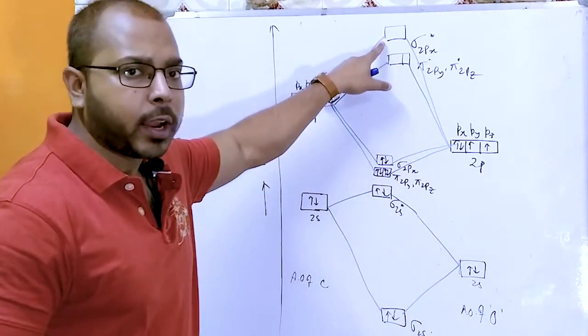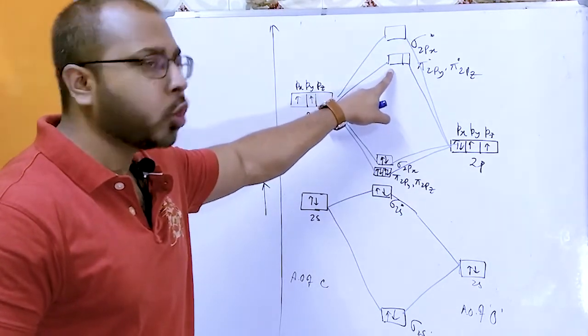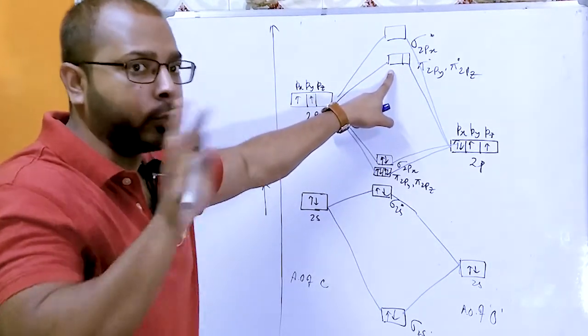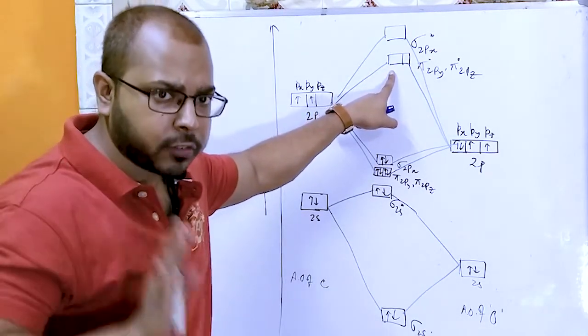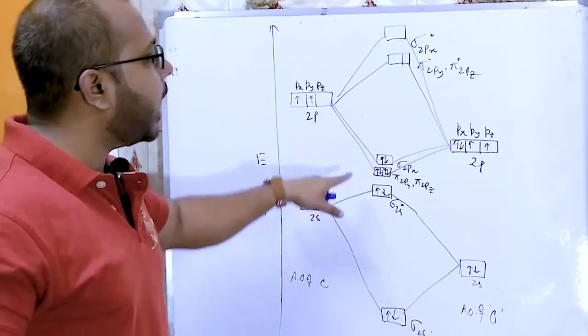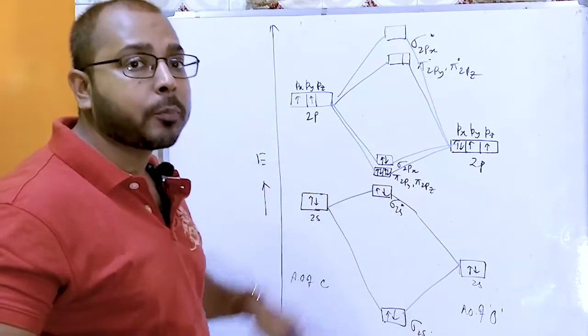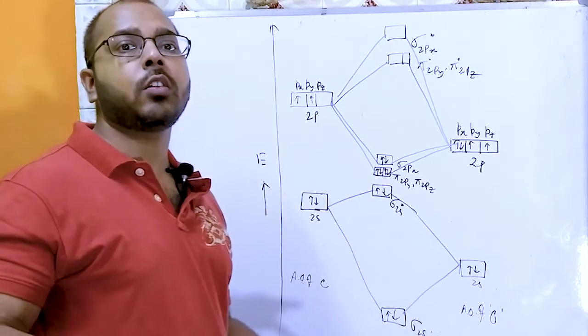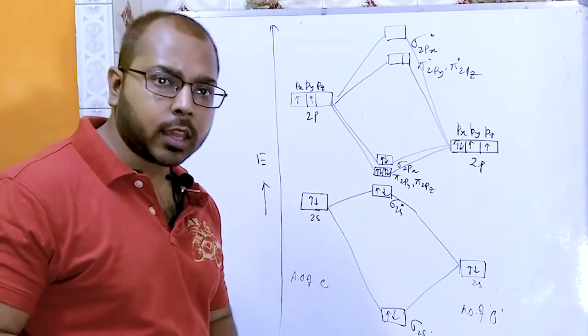This is also unoccupied, this is also unoccupied, but this one is LUMO as it is the lowest unoccupied molecular orbital. Already I have explained all this in the last video. In the HOMO, you can see that electrons are paired. That is why CO is diamagnetic in nature.